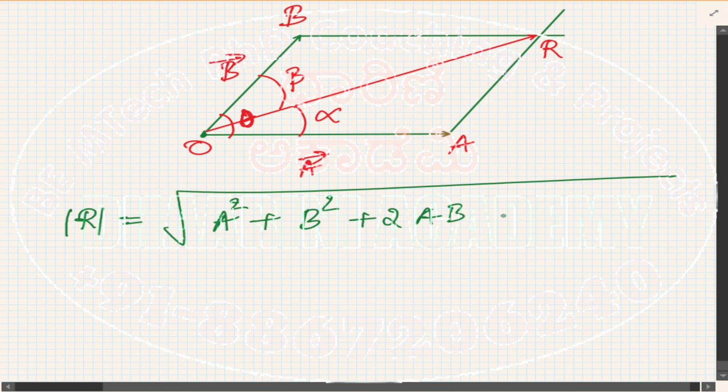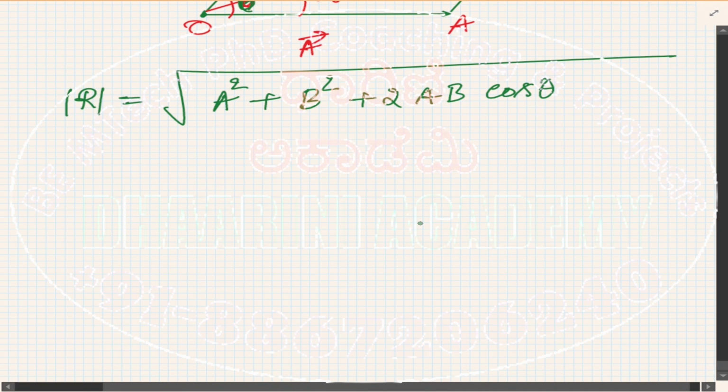Into cos theta. Right, so theta is the angle between vector A and vector B initially. Now this is how you measure R.